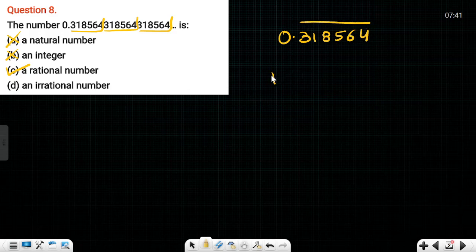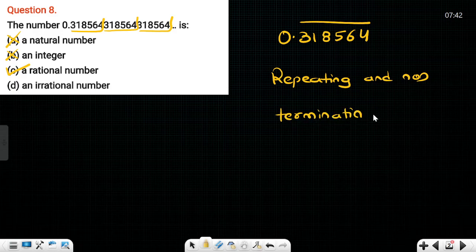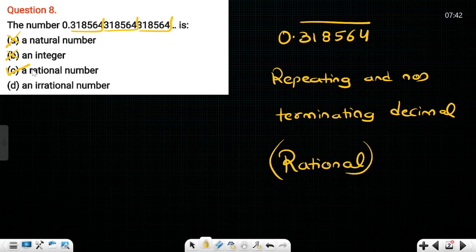This is repeating and non-terminating decimal. Repeating and non-terminating decimal. So this is going to be our rational number. Therefore, answer is option C. By mistake, in hurry and everything, we can put the answer as irrational, but that's wrong. You have to see very carefully.